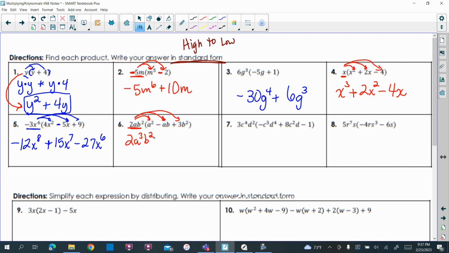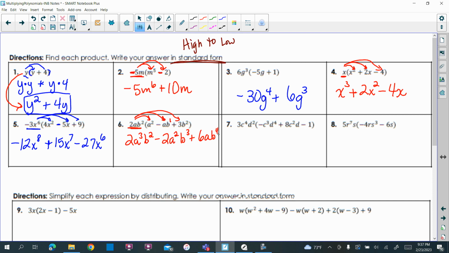Now we go to the next term, 2ab squared times this minus ab. It's going to give me a minus 2a squared, a to the 2nd, and this is now b to the 3rd power, because if I have a 2 plus that 1, that gives me 3. And then for the last one, this would be plus 6ab to the 4th power.